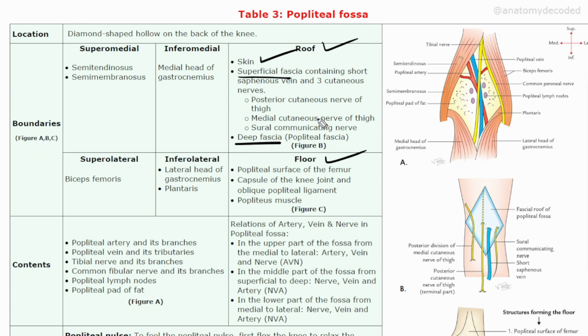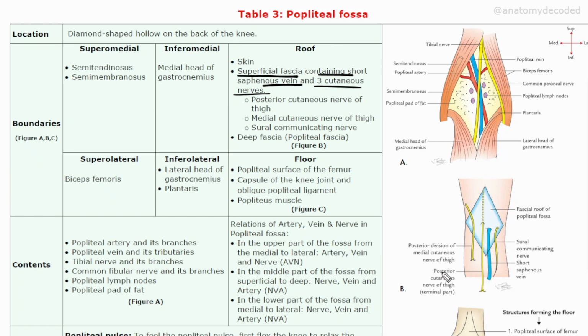In anatomy, whichever is the region, these three headings would be common, but there would be something that would differentiate it from other regions, that is the contents of the superficial fascia. So the superficial fascia contains the saphenous vein and three cutaneous nerves. You can identify the names of these three cutaneous nerves in this image.